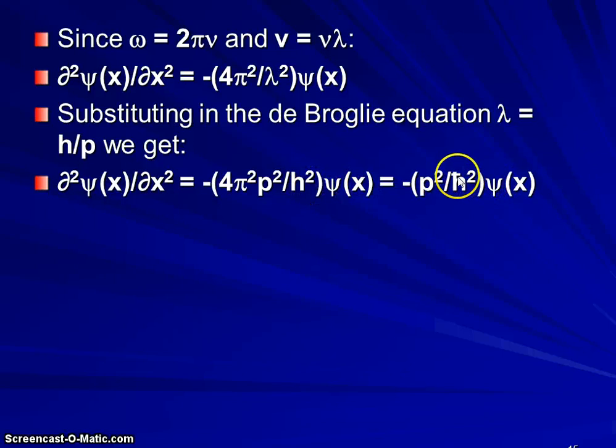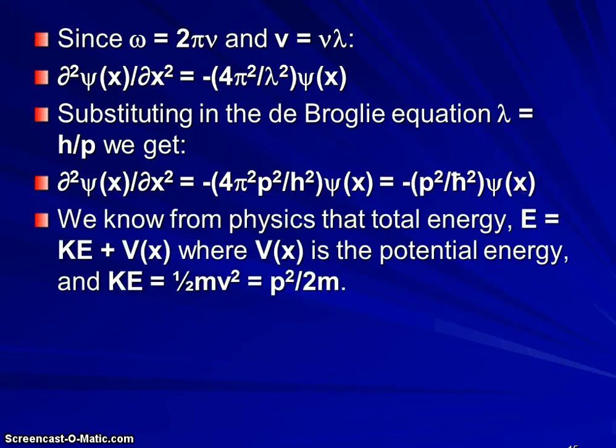And remember, we defined h bar as h over 2 pi, so h squared over 4 pi squared is going to be h bar squared. So now we can say that the second derivative with respect to x of the wave function is negative momentum squared over h bar squared times the wave function.